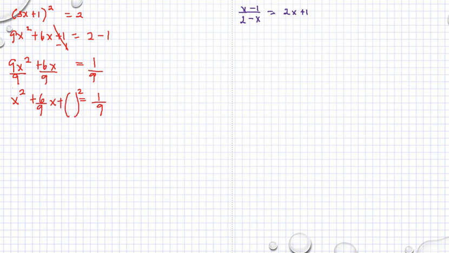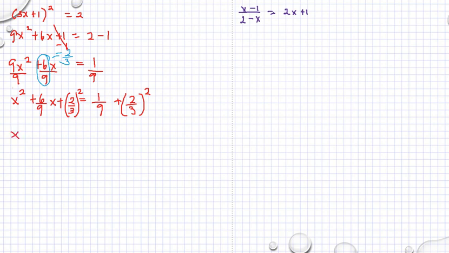This one can be written 2/3. Okay. So that 2/3 there. Add the 2/3 also here, and then parenthesis squared.